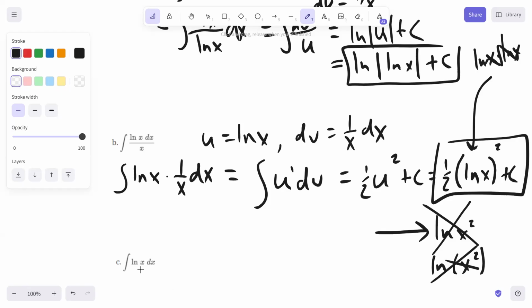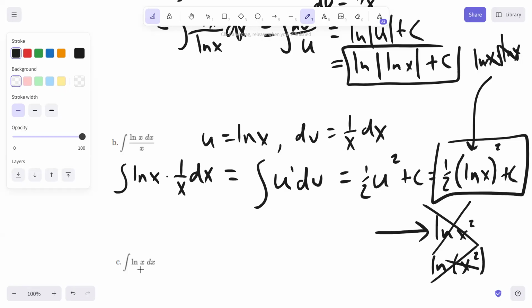And then this last one, we don't know the antiderivative of natural log itself. The only choice we would have for u is natural log, and du would be 1 over x dx, but there is no 1 over x or anything like that to work with. So this is another one that we can't find the antiderivative of with the techniques that we've learned so far.